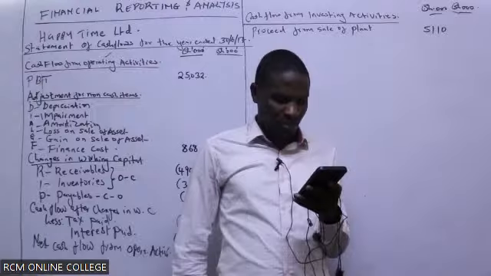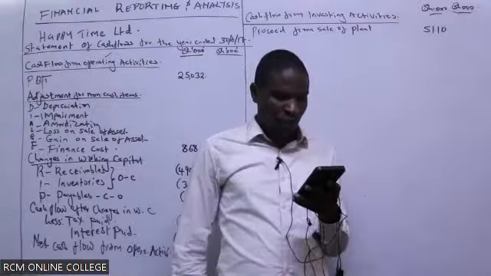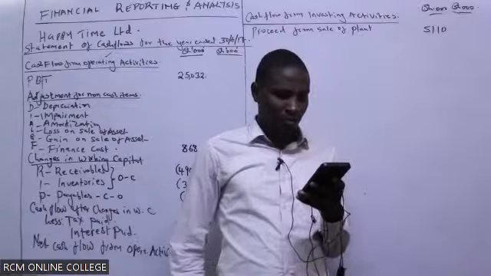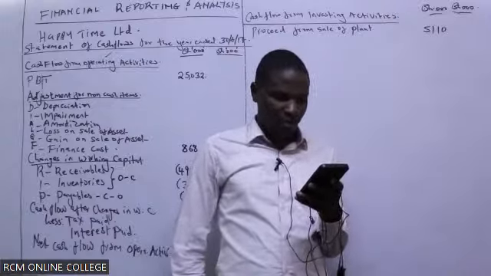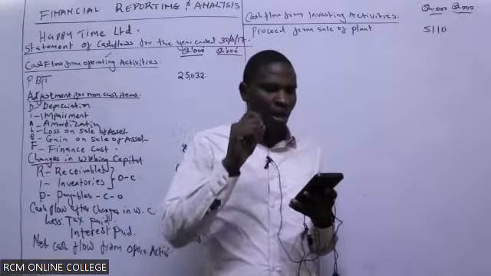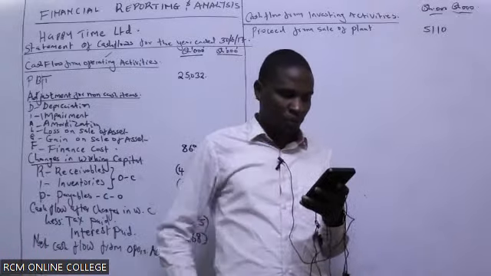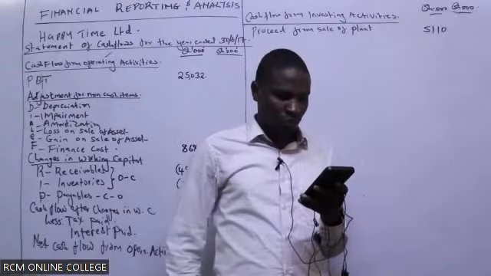So we can maybe start with what we have here for property. Let's prepare the property account and also the disposal account.